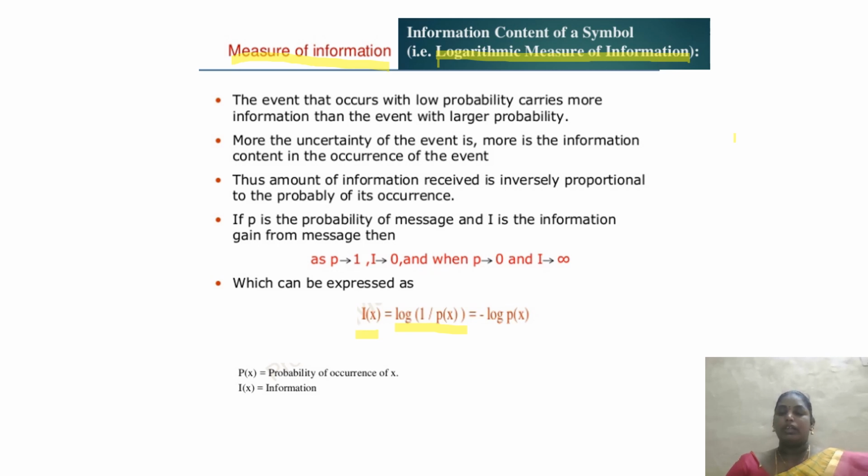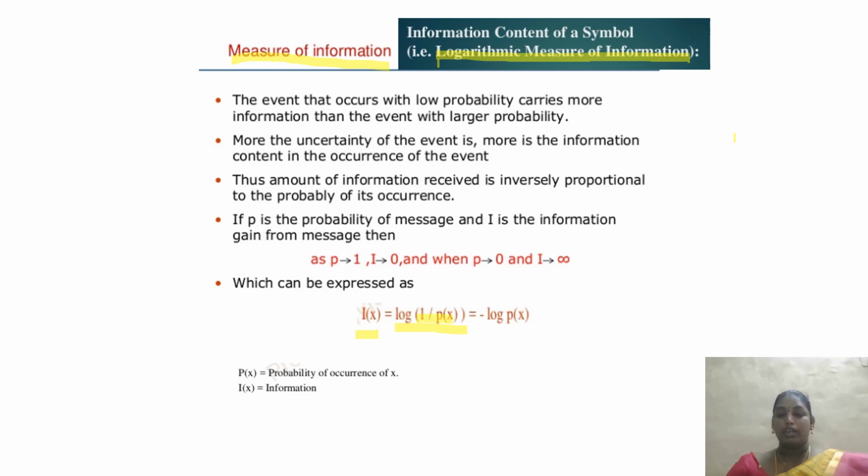For example, if we get the information that tomorrow's exam was postponed, unless there is a cause, exams will not be postponed. That information conveys more, but its probability of occurrence is less. So more information is being conveyed when the chance of happening is definitely low. For that reason, information content is inversely proportional to the probability of occurrence of that particular source.